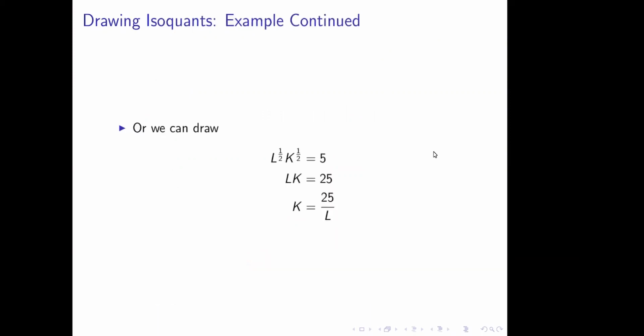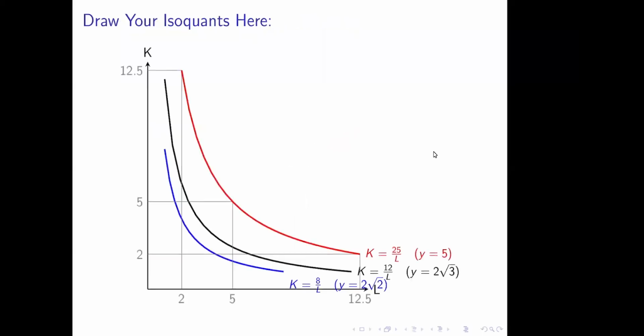And if we increase the output, then we get an isoquant at a higher level.